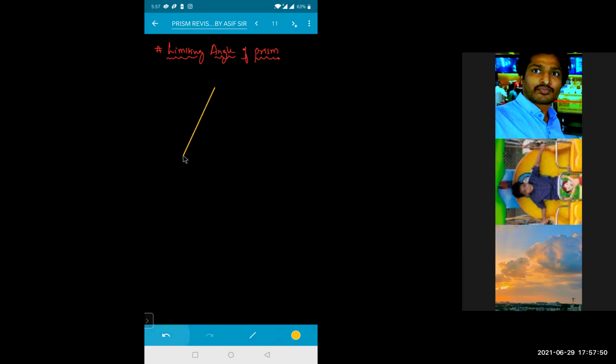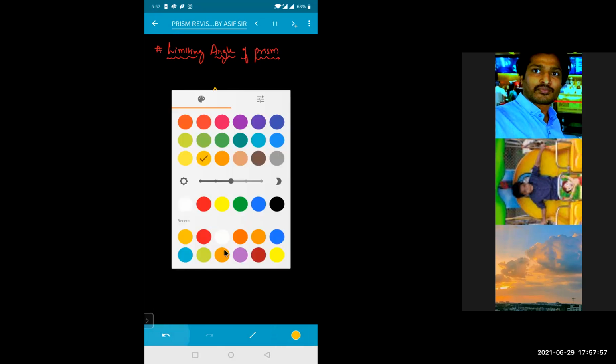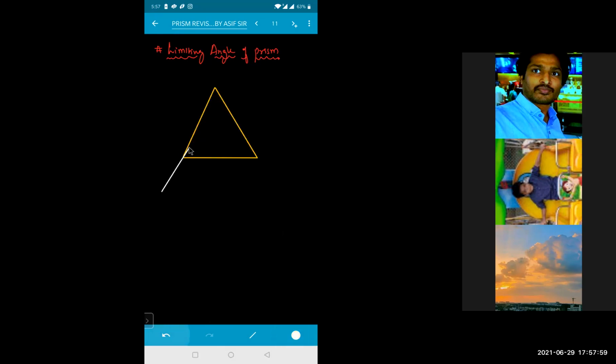This is your prism. Ray of light is incident on this one like this, and the ray of light will go like this, and from here it is coming out finally like this.